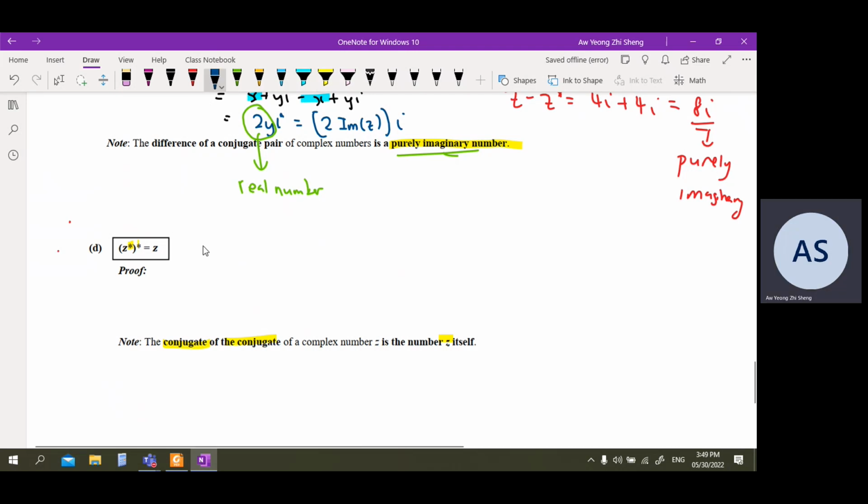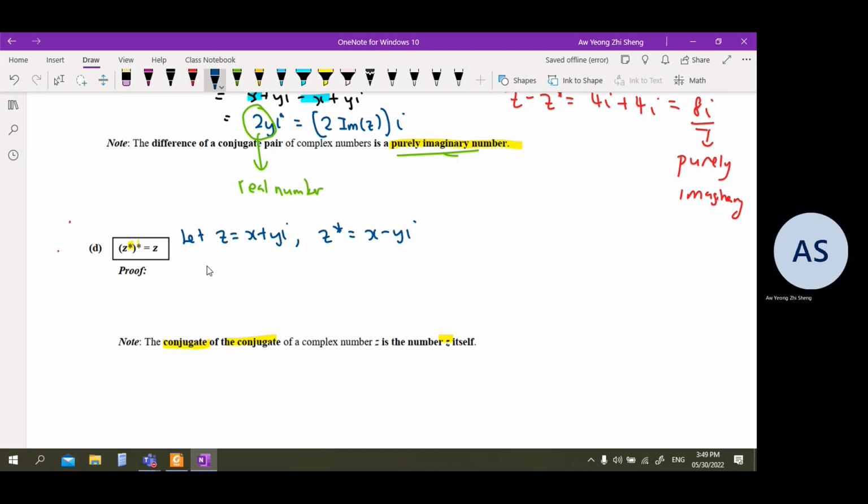And this one is also very easy to prove. So if you let z be x plus yi, then z star would be x minus yi. So your z star with a star is just x minus yi with a star, because here I'm just putting in x minus yi to replace my z star.